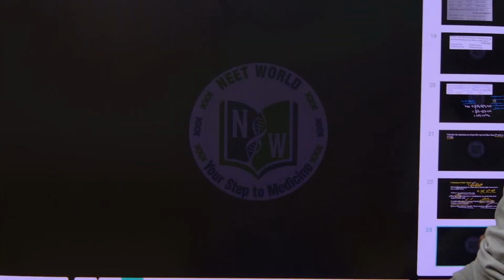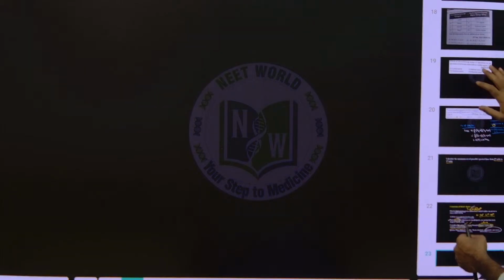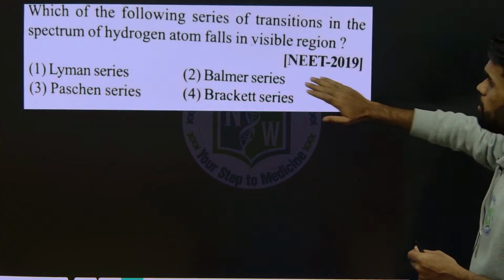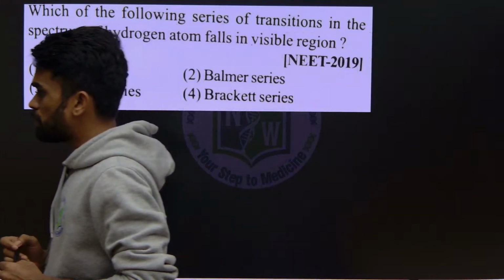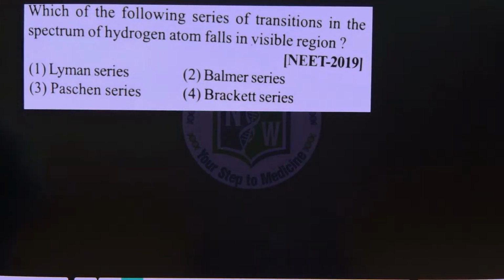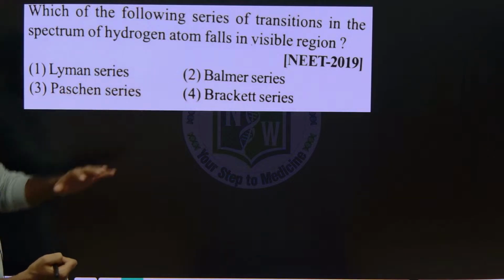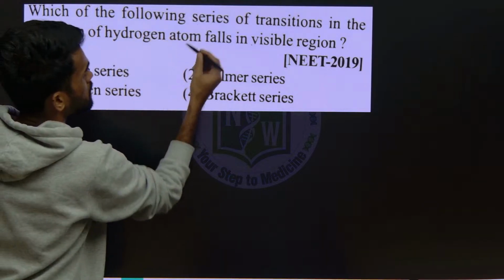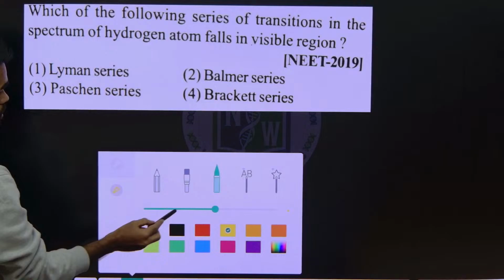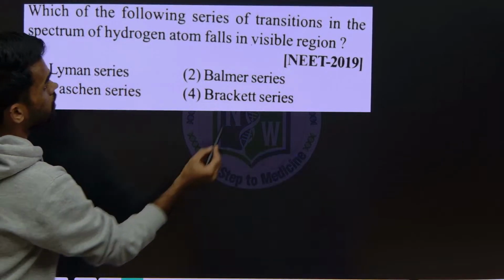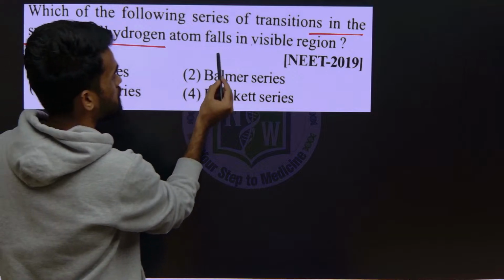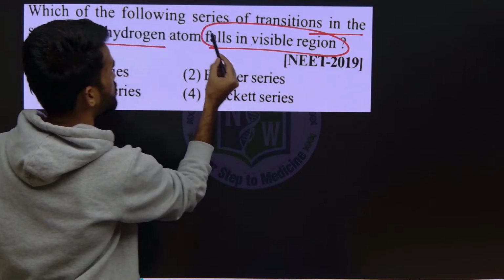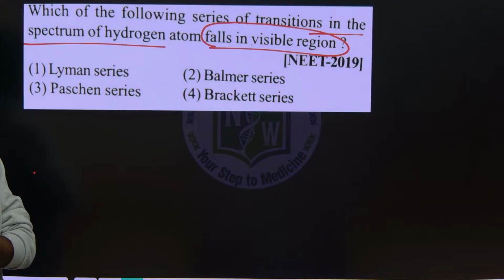Then next, let us look into this question. Based on the spectral lines we have discussed till now, what could be your answer? It is a very simple question in the NEET exam. Which of the following series of transitions in the spectrum of hydrogen atom falls in the visible region?